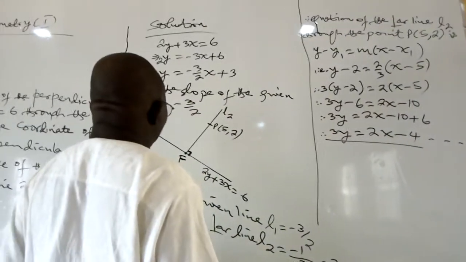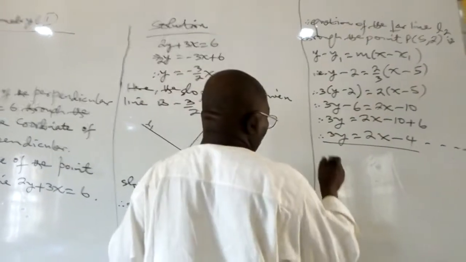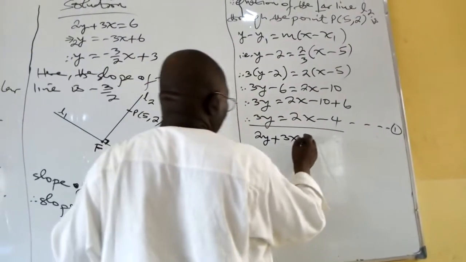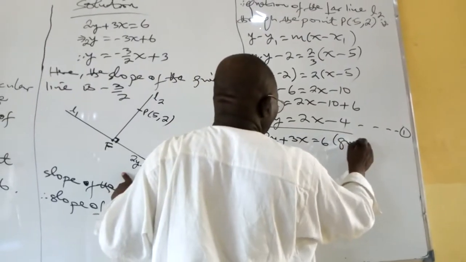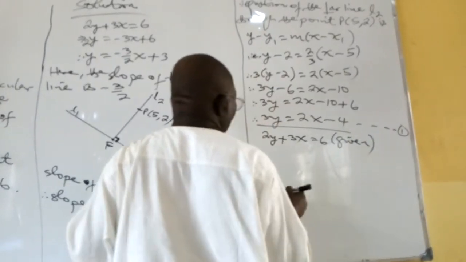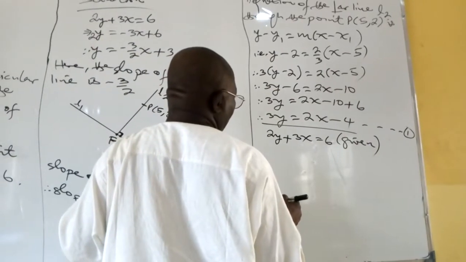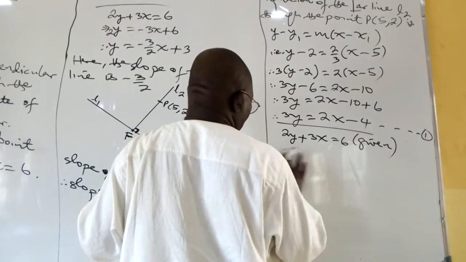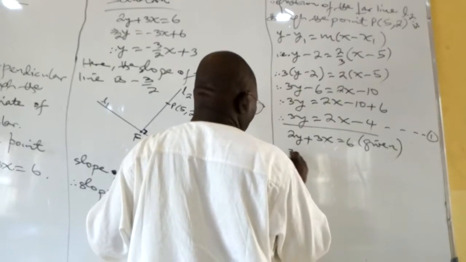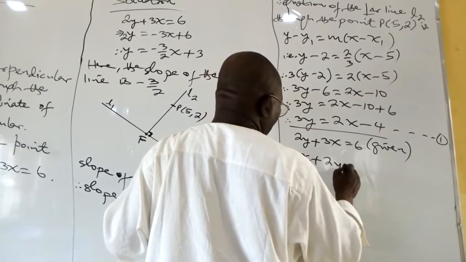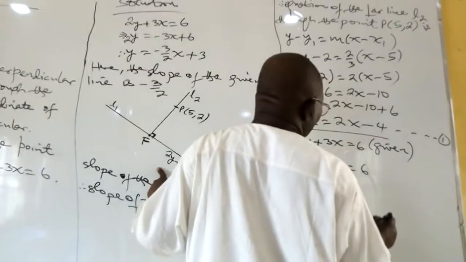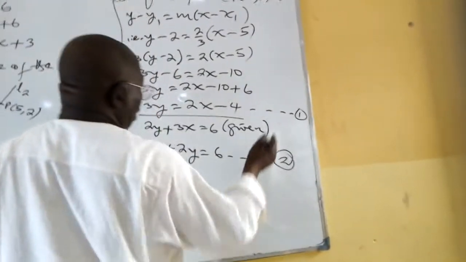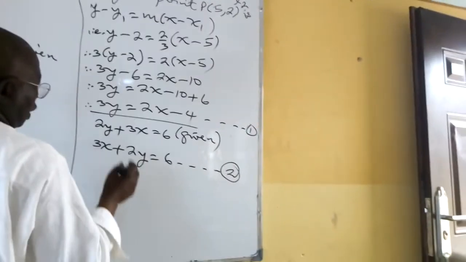Now the given equation is 2y plus 3x is equal to 6. I can rewrite it as 3x plus 2y equals 6. Let me call this equation 2.